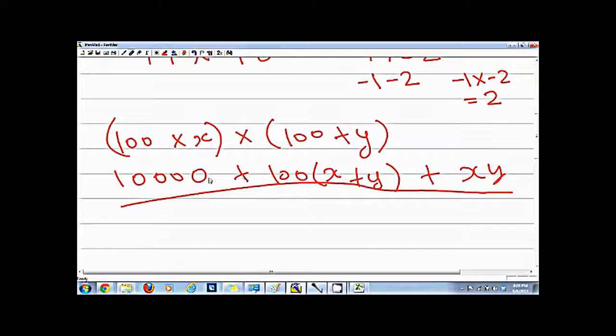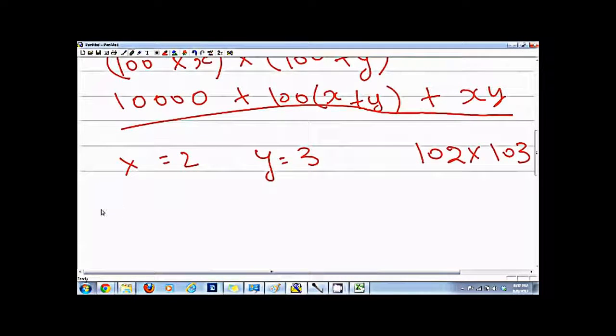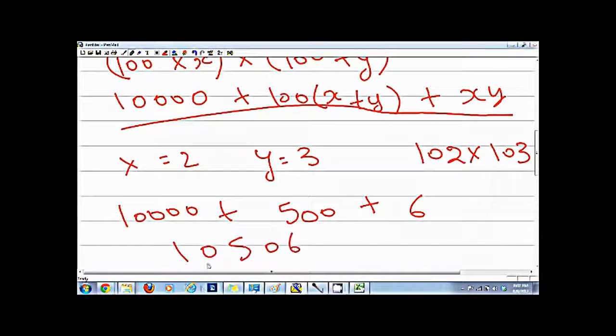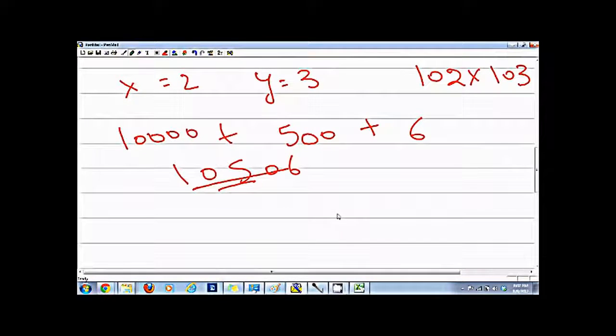So if x is equal to 2 and y is equal to 3, because I want to multiply 102 and 103, then in this case we will have 10,000 plus 500 plus 6. So the answer will be 10506.